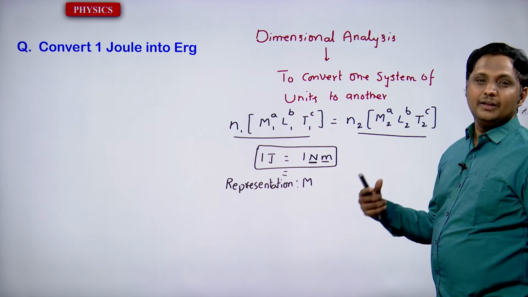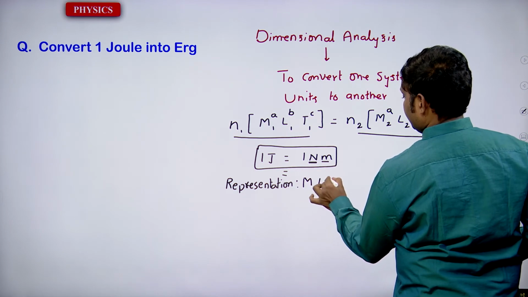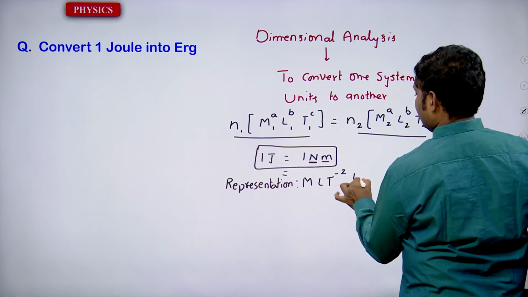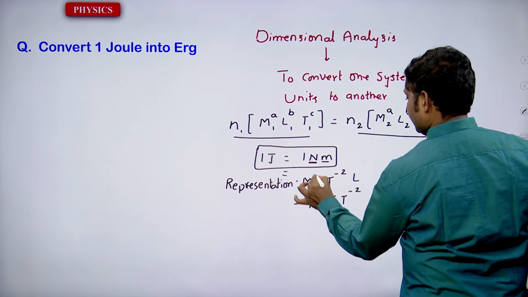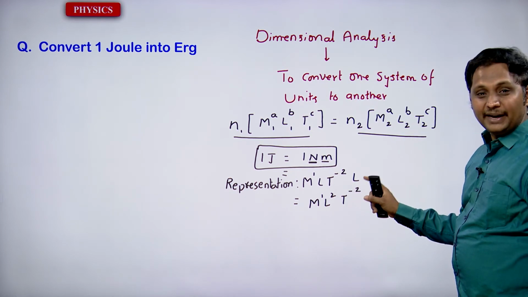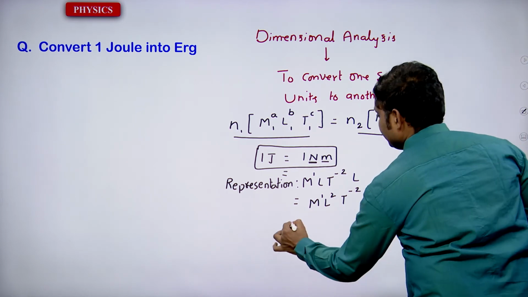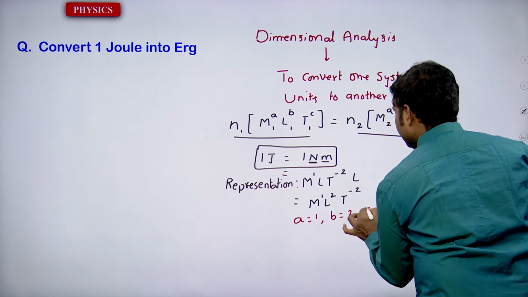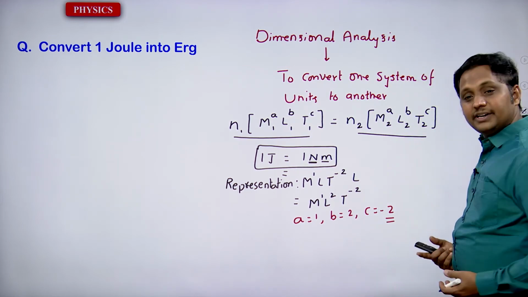In terms of the base quantities, force is M L T minus 2, and multiplied by L you get M L square T minus 2. So, M power 1, L power 2 and T power minus 2. You can take a is equal to 1, b is equal to 2 and c is equal to minus 2. It is very clear, you would like to represent that value.